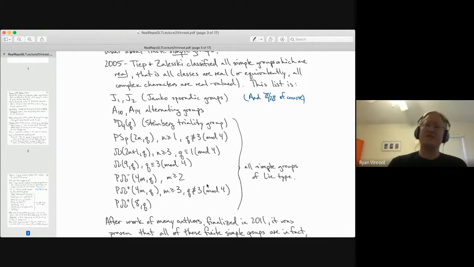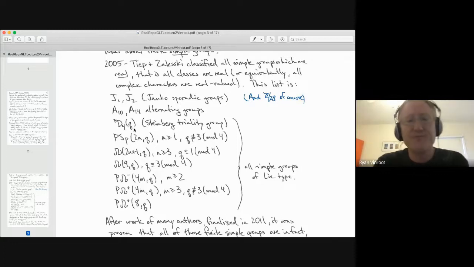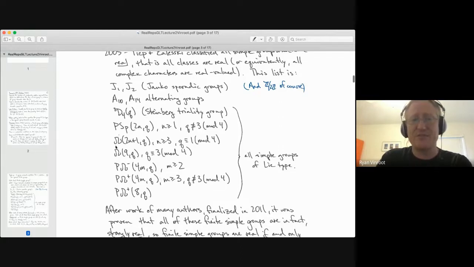Then we have a list of simple groups of Lie type. So we have first this list of just 4 groups, and then an infinite family of simple groups of Lie type. And not all simple groups of Lie type. You don't see any PSLs or PSUs here. So the simple symplectic group, so we have to mod out by the center. As long as q is not 3 mod 4, those are strongly real. And then these are for simple orthogonal groups.